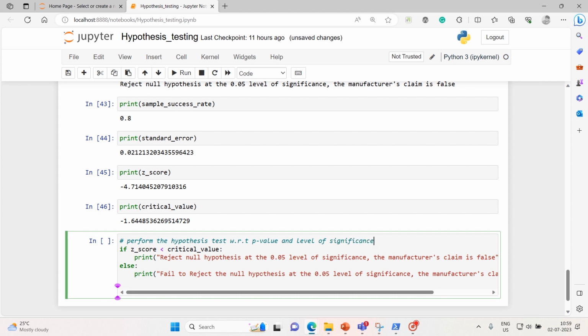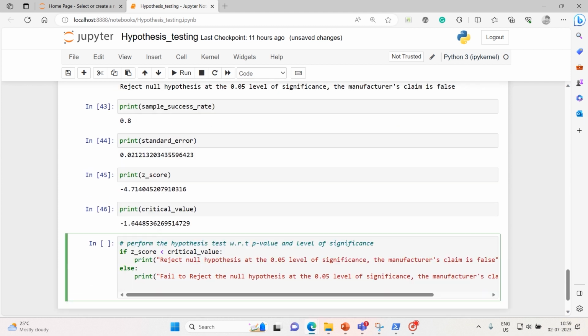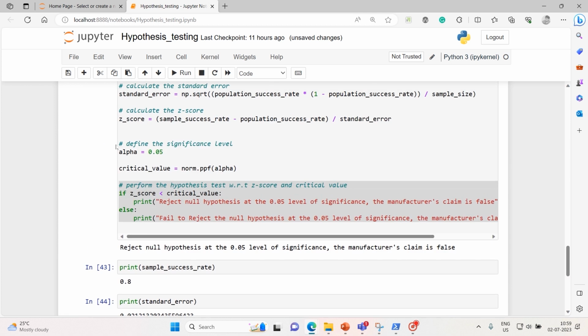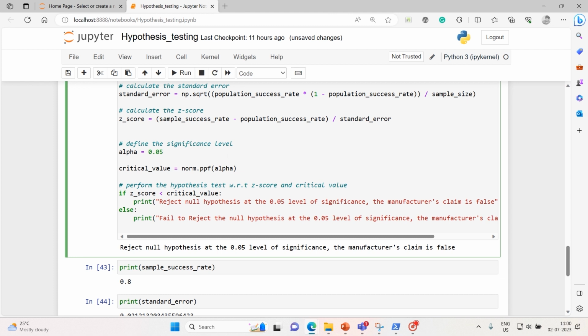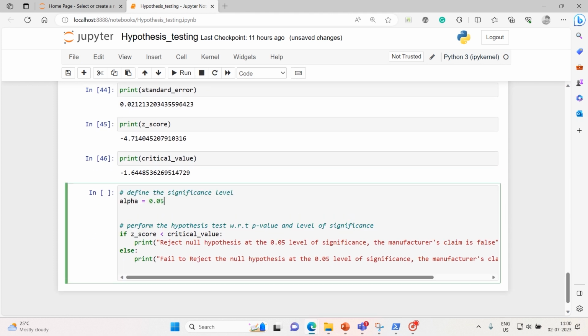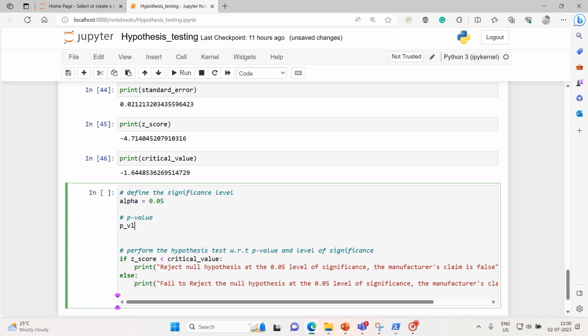Here let's change the values, but before that we have to calculate the p-value. Let me calculate the p-value here itself, because we have the level of significance, we have the alpha. So p_value is equal to 1 minus norm dot.